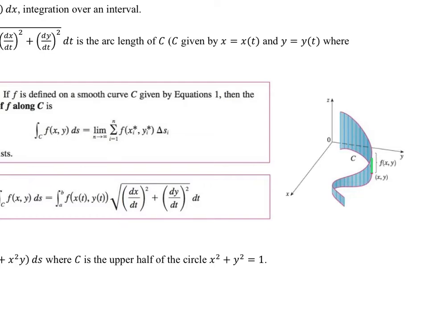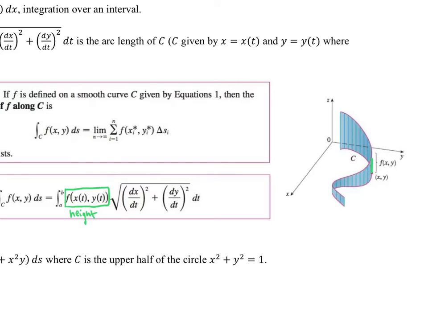So we're going to write it as a function x of t and a function y of t. And so this is essentially a calculation of the height of any particular rectangle that we would form. And you can see over in this diagram, there are a lot of these little rectangles that are forming.